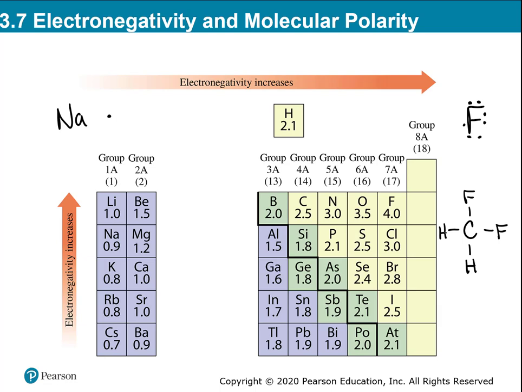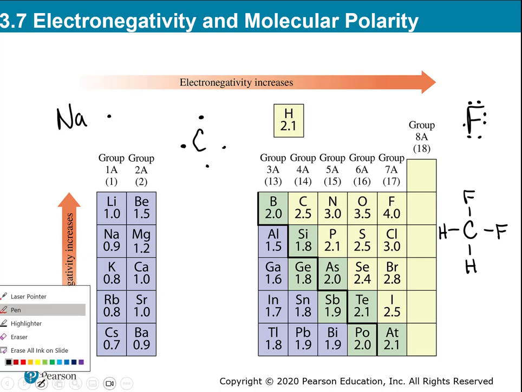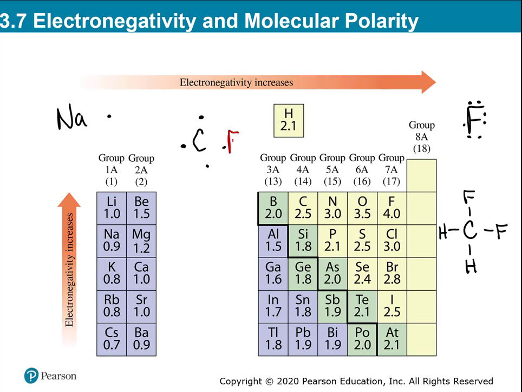So if I redraw that one, I'll just put the dots. The ones between the carbon and the hydrogen, they're actually shared quite evenly. But the ones that are between the carbon and the fluorine, and I'll put my fluorine right here, it's going to be more like this.